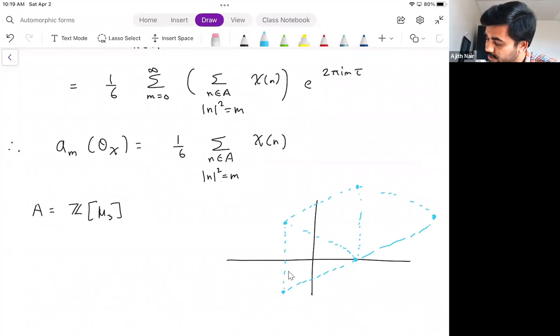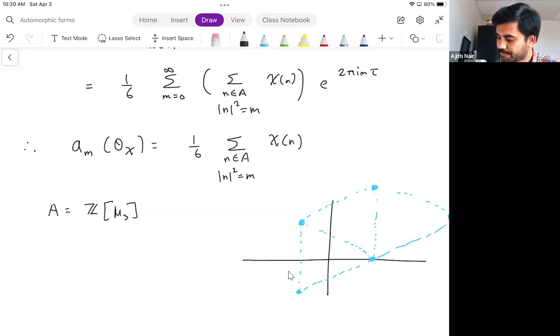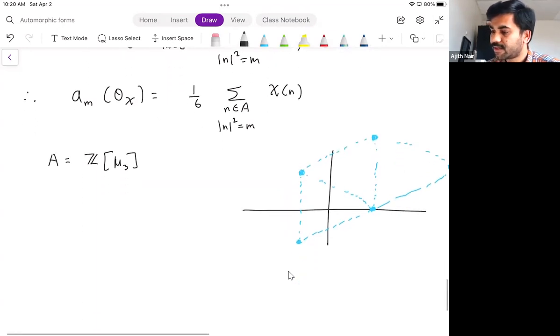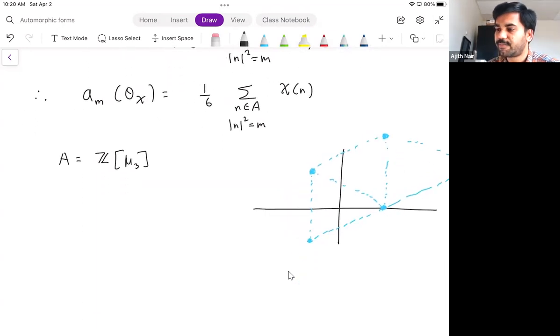The darkened points are my elements of A. I'm looking at the elements of A whose square of distance from the origin is equal to m, and I am summing the value of chi of n over these elements.